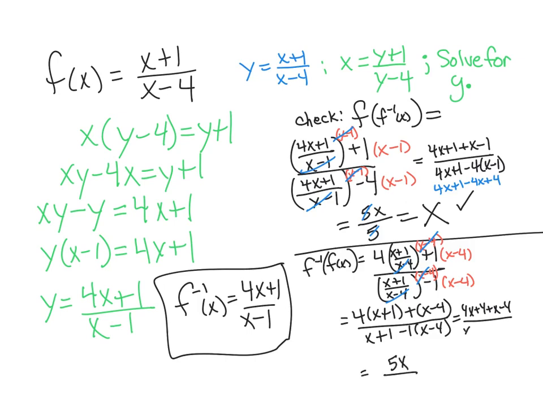On the bottom, x plus 1 minus x plus 4. Got to distribute the minus sign. The x's subtract away. 1 plus 4 equals 5, and I'm left with x. So that's the process that you're going to have to do. And this is the kind of problem you're going to see on the test. Okay?